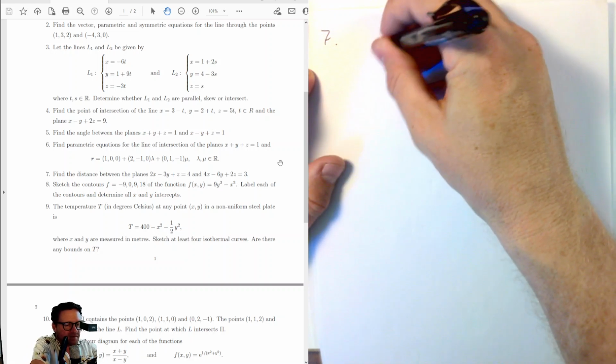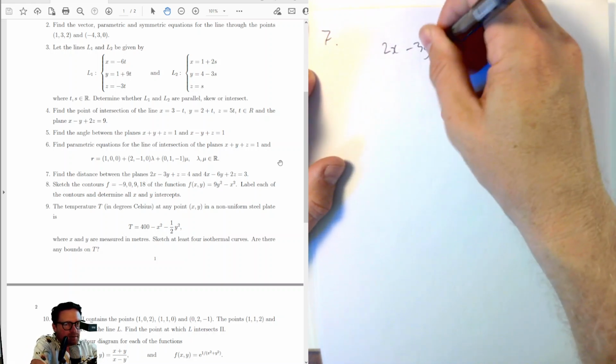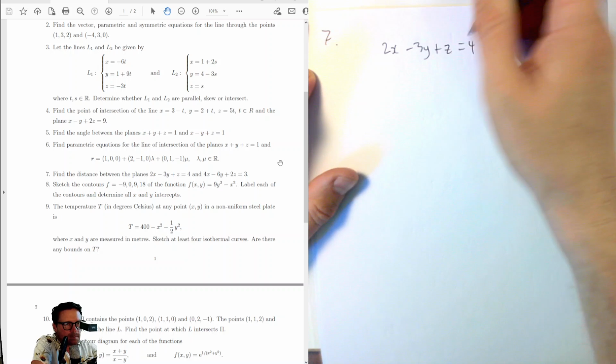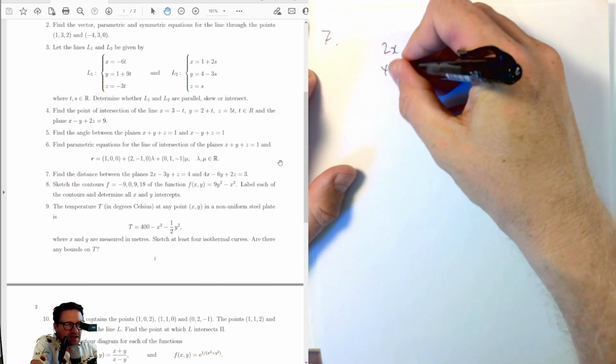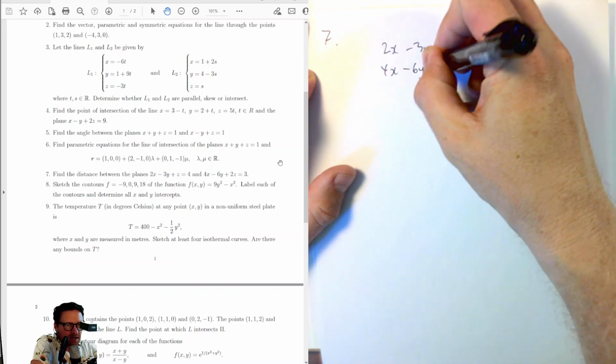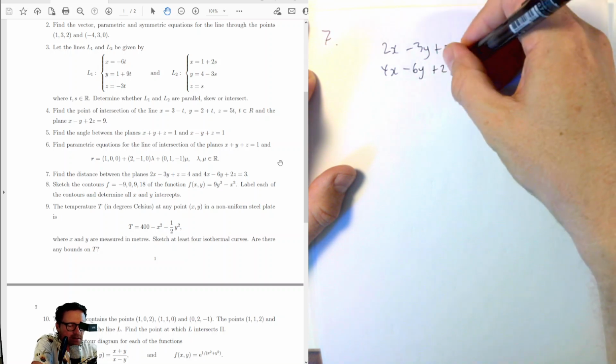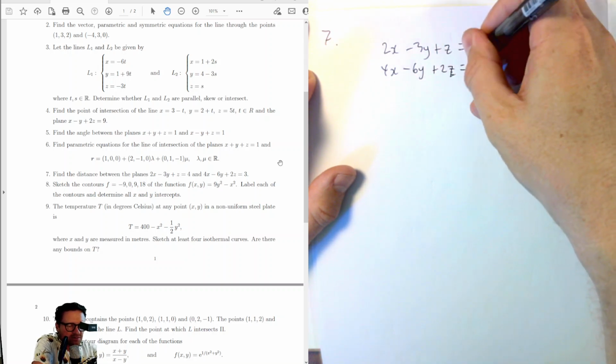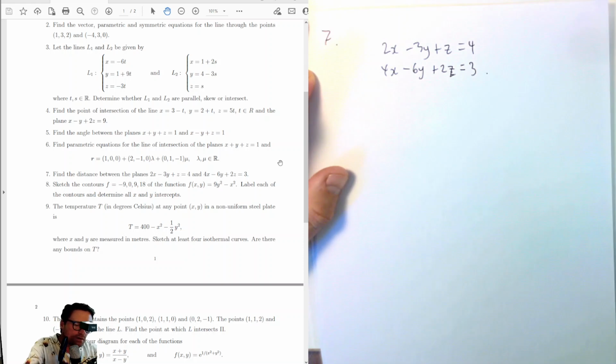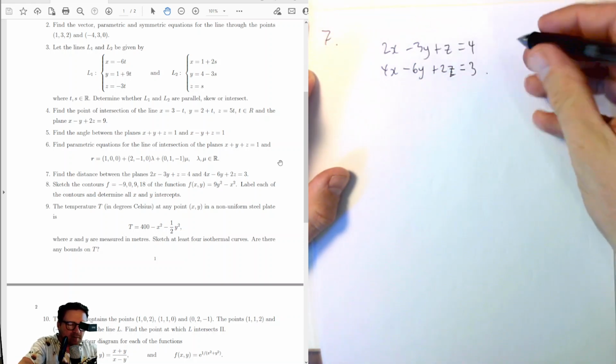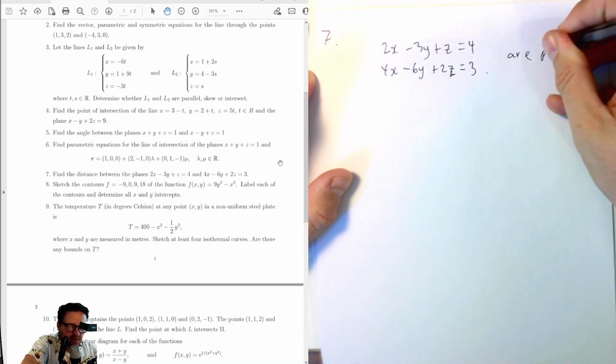So we've got 2x minus 3y plus z equals 4. And then we have 4x minus 6y plus 2z is equal to 3. All right, now these two are parallel. How do I know that?